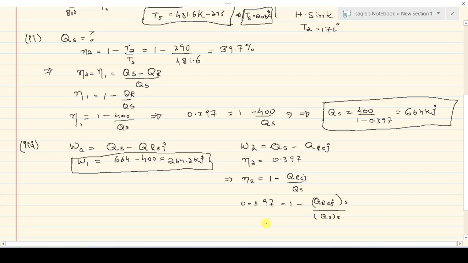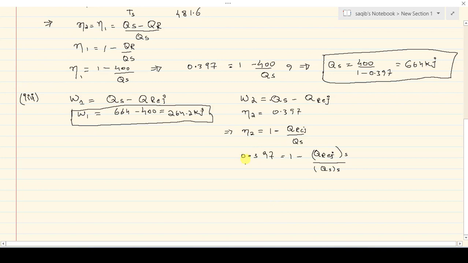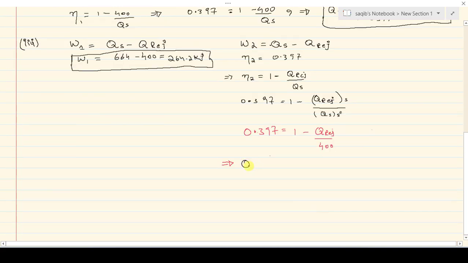So putting the values, now things are getting very easy. We are near the end of the problem. So Q rejected from the second engine is 400 into 1 minus 0.397.